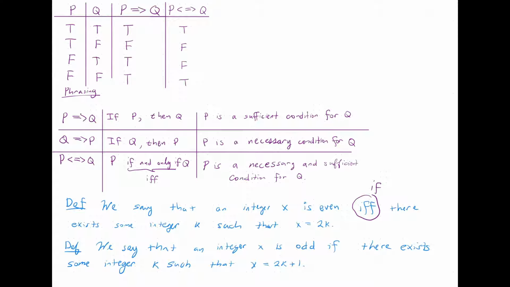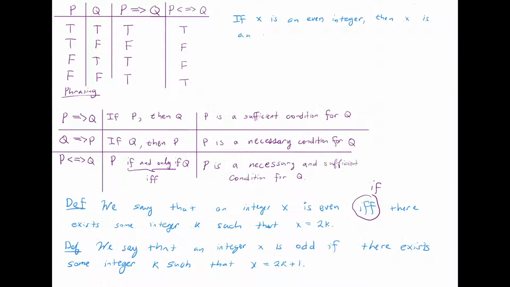But now, if we had the following statement, which I'm going to go up here and write, to emphasize the distinction between if-then and if and only if, let us consider the following redundant example. If x is an even integer, then x is an integer.